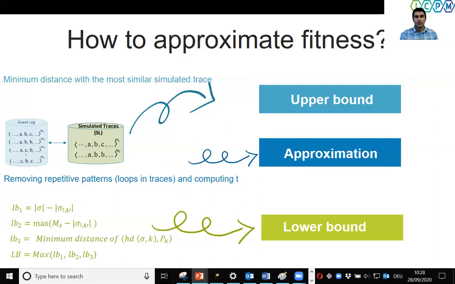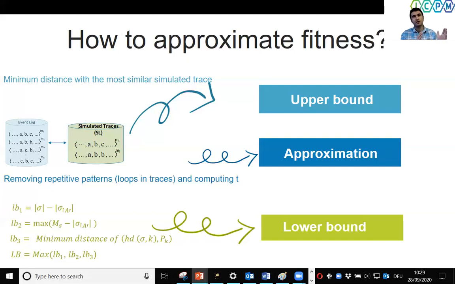The last lower bound corresponds to the comparison of the log trace prefix up to k, that is pk, and the set of all prefixes of the model up to length k. As we have the set of all prefixes up to k, to convert our log trace to one of the model traces, we should also convert the prefix of the trace.